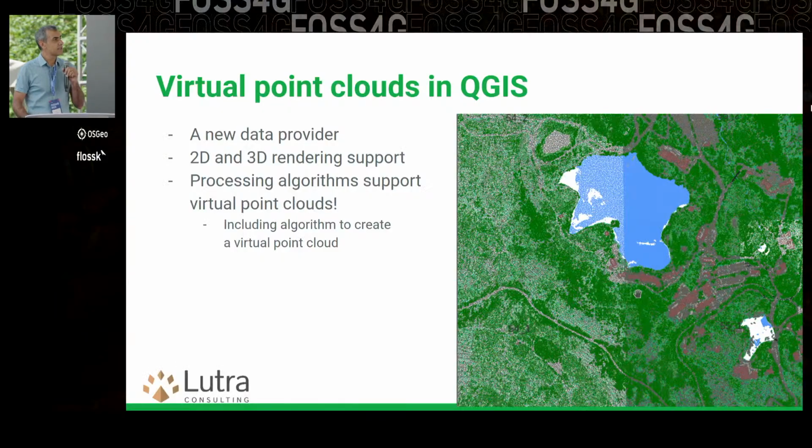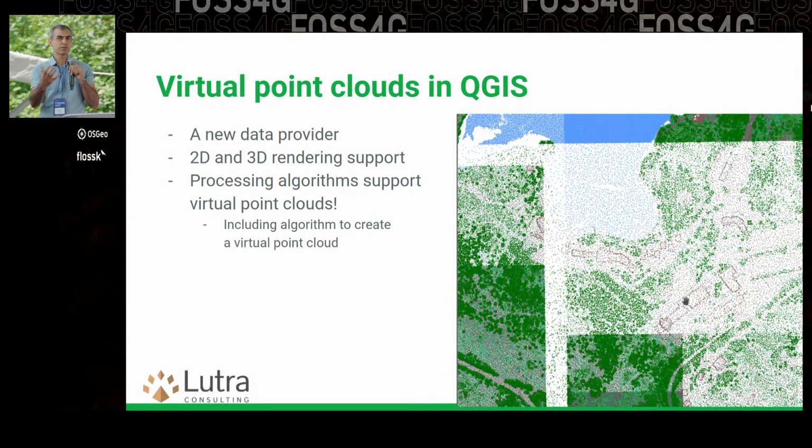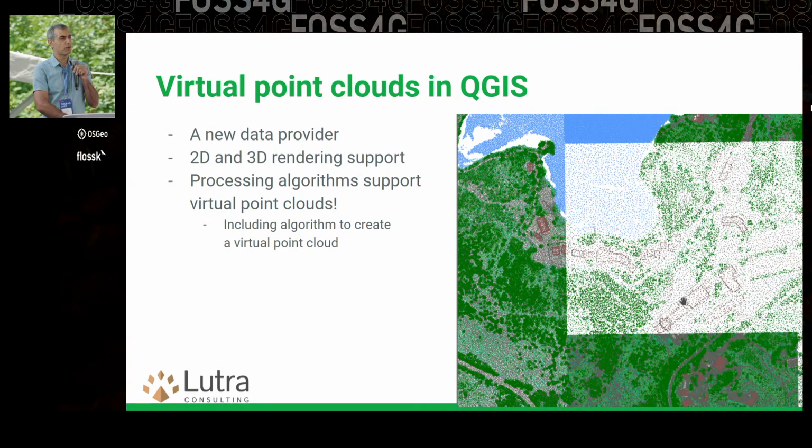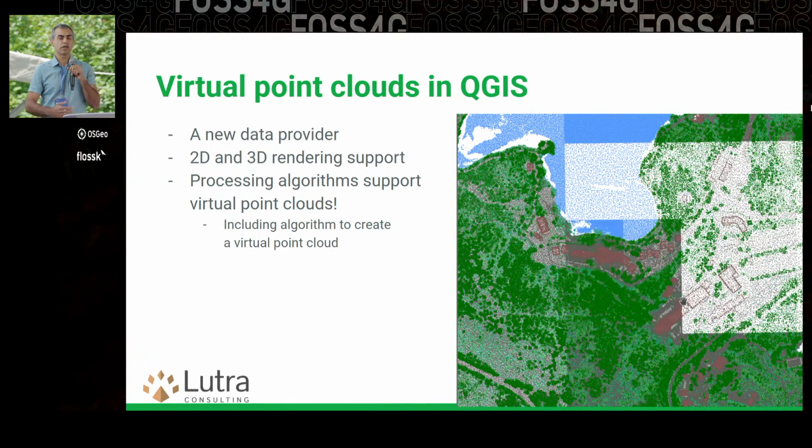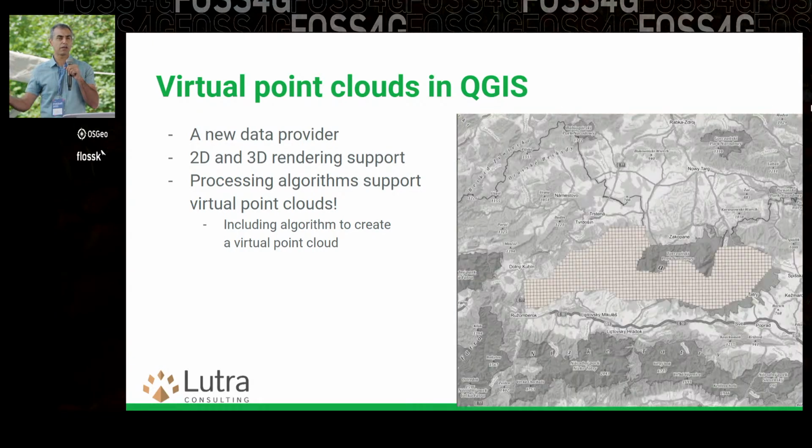Then you can load it in QGIS, visualize all the coverage of your point cloud. As you zoom in, the point clouds will appear. Also, the beauty of this is you can do all sorts of processing I mentioned beforehand. Let's say you want to clip the data or create a DTM of large data.